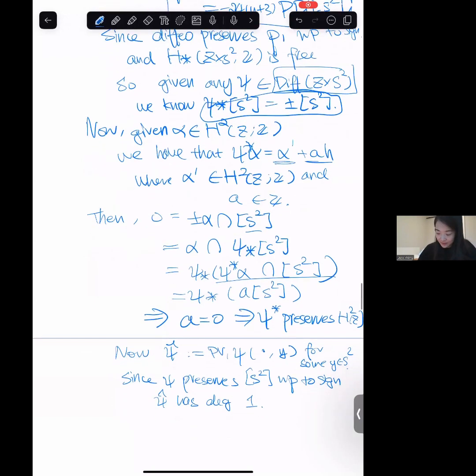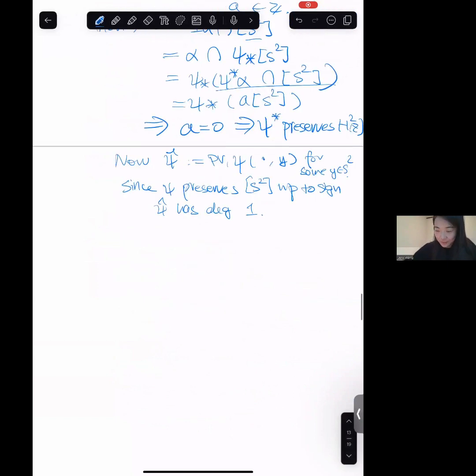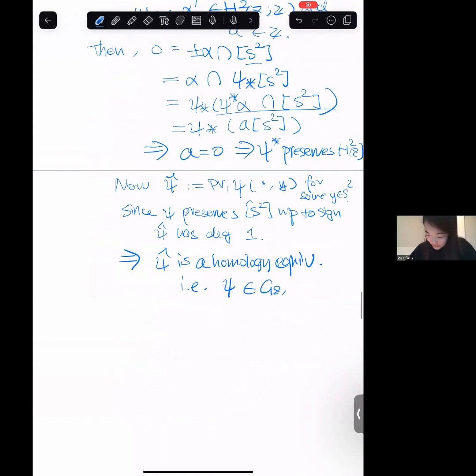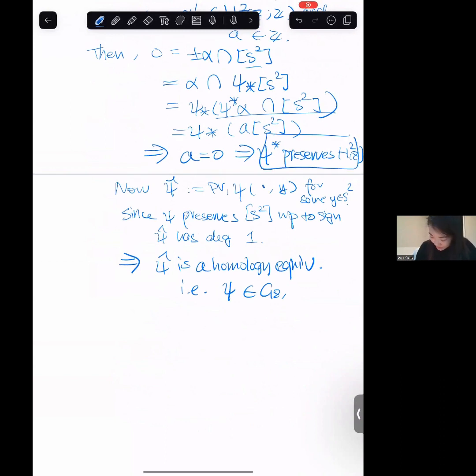And then by some computations, you can check that psi hat is actually a homology equivalence, i.e. this is in GZ. We also showed that it preserves the second cohomology class of Z, so this is in GZS2.